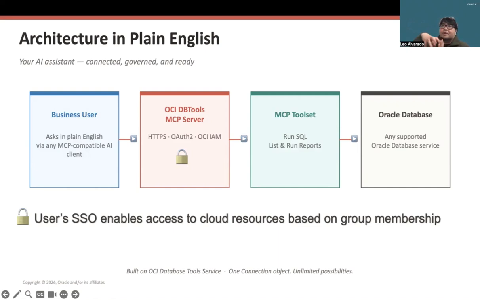This is where the authentication, authorization, and governance happen, because it's using the OCI IAM and OAuth for authorization. The MCP server then exposes a set of approved tools, like in this example, tools that can run SQL or execute trusted reports.